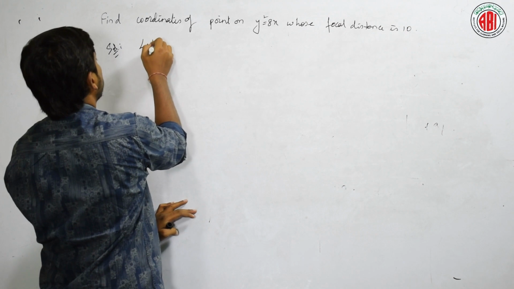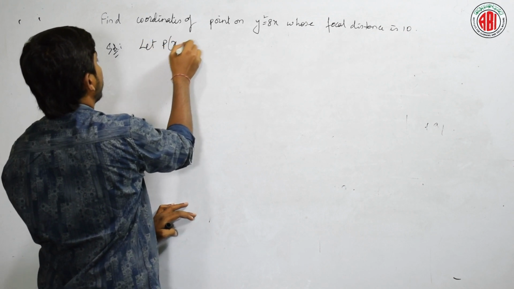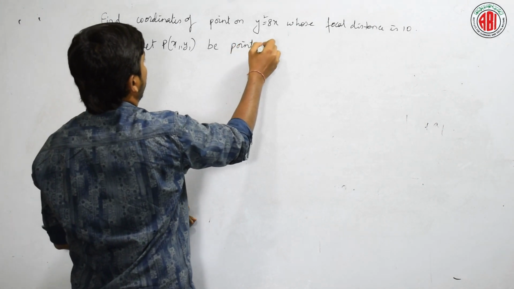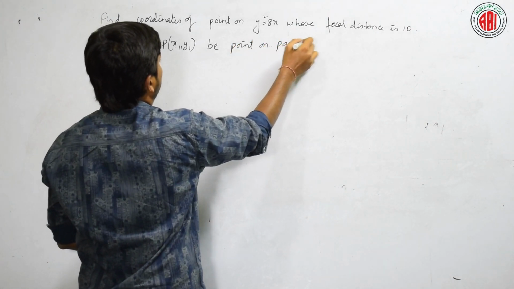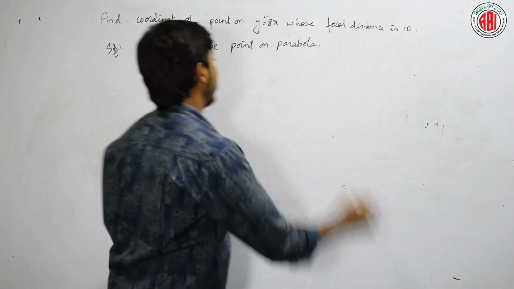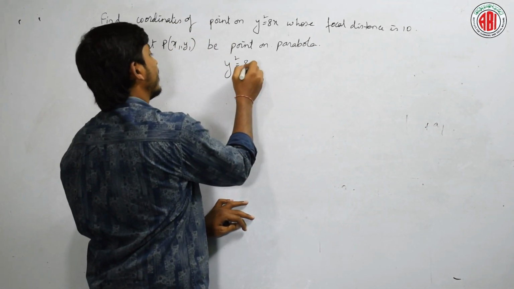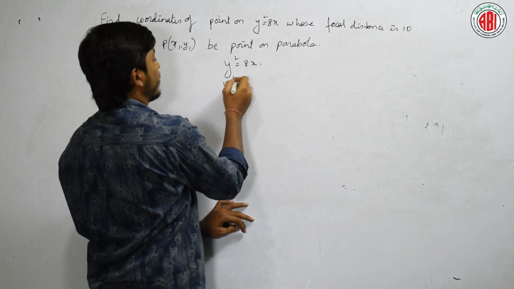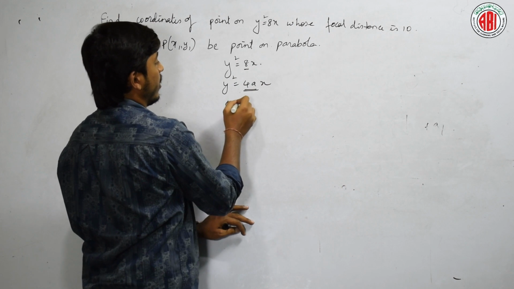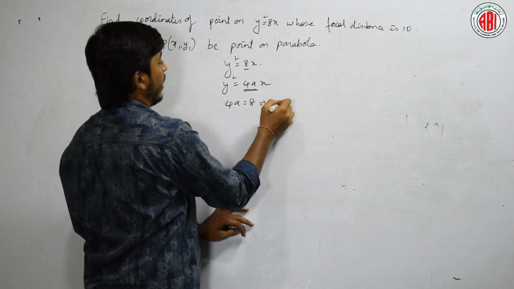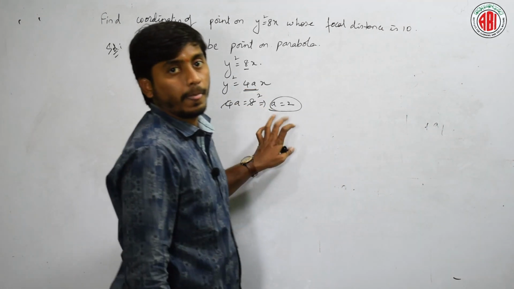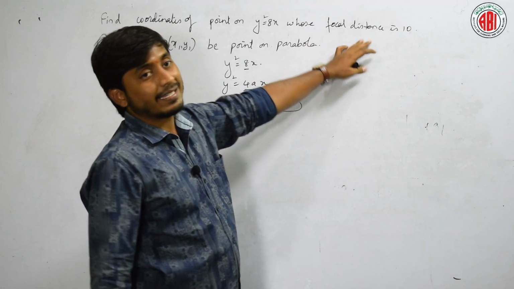First, let us assume the point, that is, let P of x1 comma y1 be a point on the parabola y square equal to 8x. Just compare it with our standard equation, y square equal to 4ax. What is a? 4a is 8, a is 2, is it right? So, what is the focal distance formula?